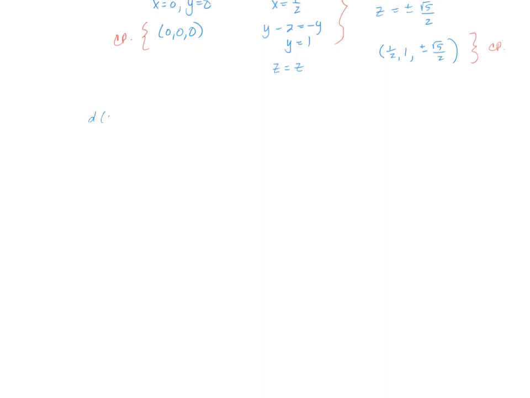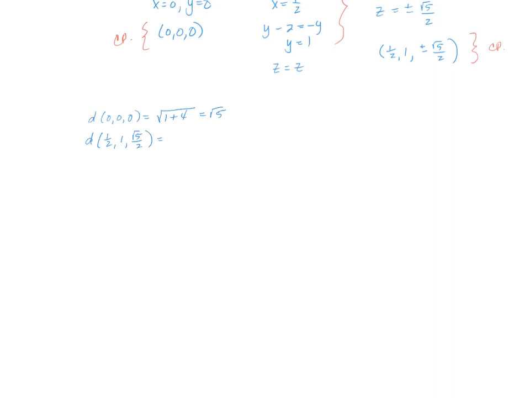But I'm minimizing the distance. So the distance at the critical point 0, 0, 0 gives me the square root of 1 plus 4 plus 0, so the square root of 5. The distance at the point 1/2, 1, and I'll use the positive square root of 5 over 2.